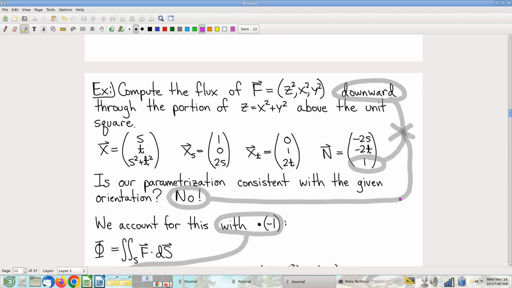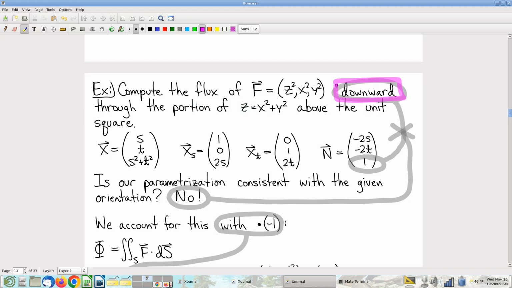And here we go. So now you'll recognize this question. This looks a lot like the first example that we did last time, that I reviewed at the start of today's lecture. I've got the same vector field, still want to compute the flux, same surface, everything's the same, except now the statement of this question says I want the downward flux.